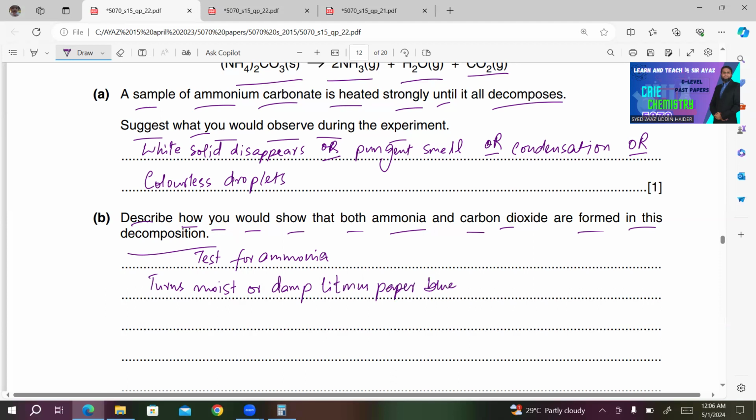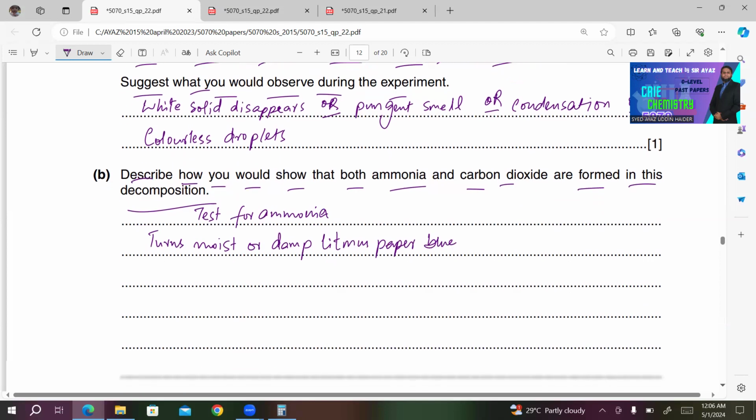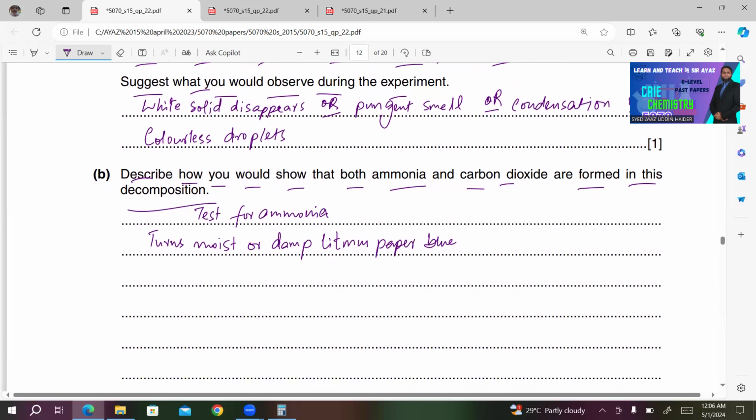It can only turn moist or damp litmus paper because in this they produce OH negative ion. All the changes or reactions happening are due to the production of OH negative ion in the solution. You can even write the test with a glass rod.